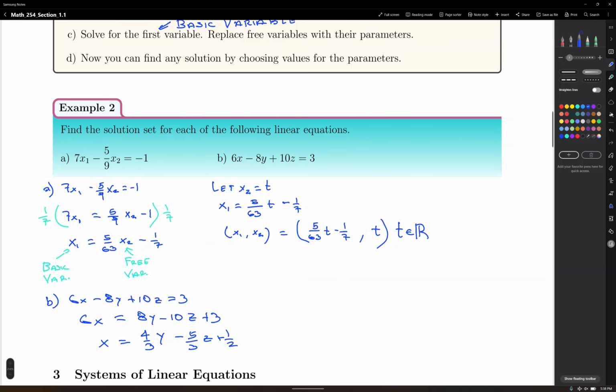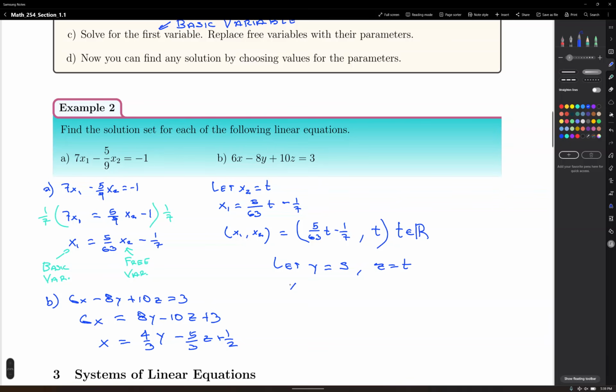Okay, so at this point, we're going to let y equal s and z equal t. It doesn't matter which variable you assign to the free variables. The order doesn't matter really. Okay, let's do that.